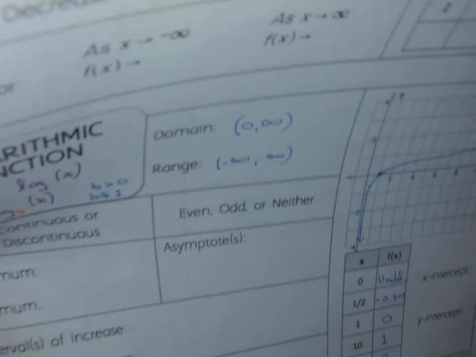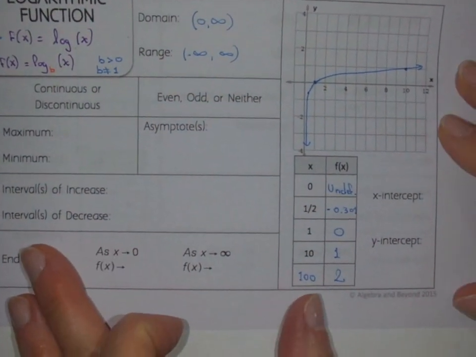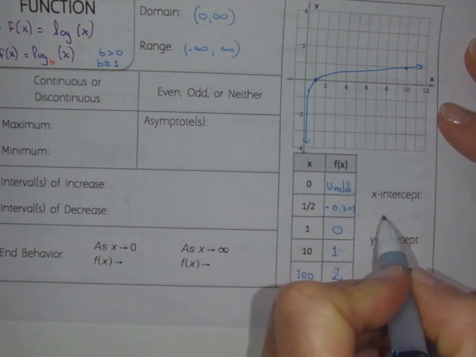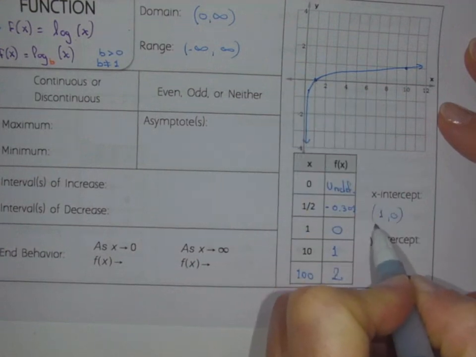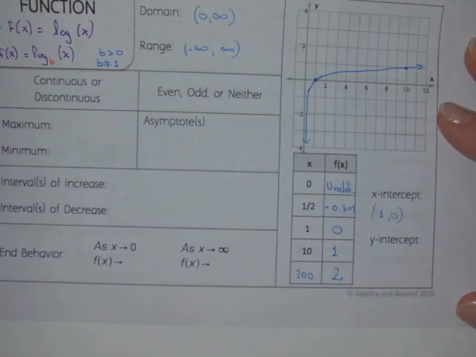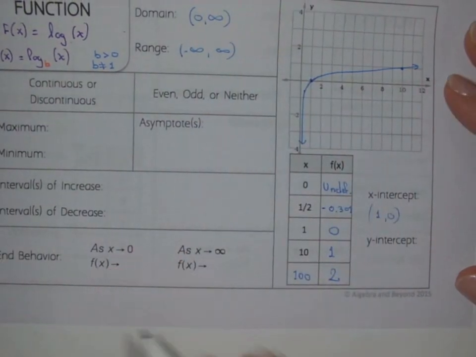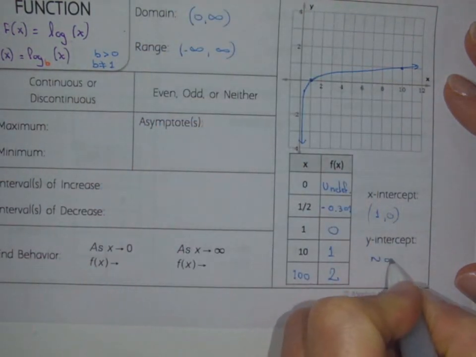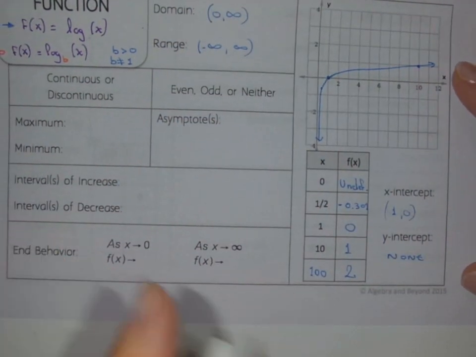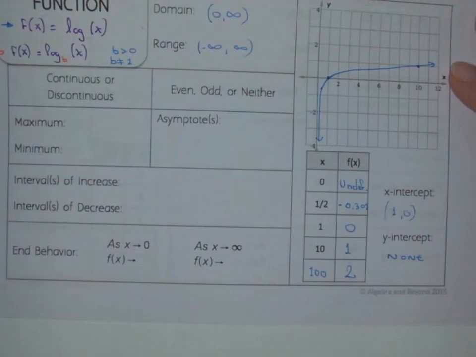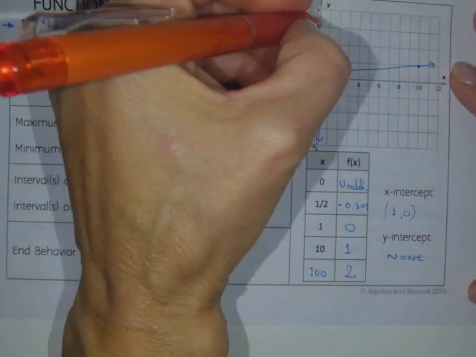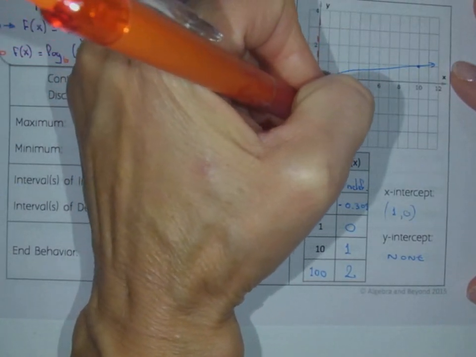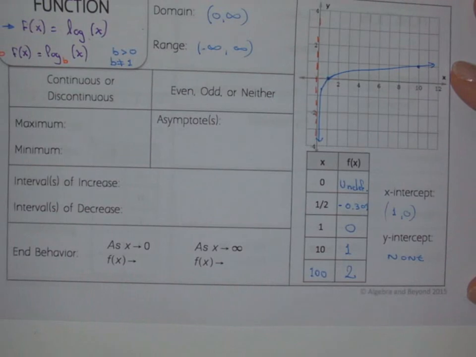All right. The x-intercept would be at 1, 0. The y-intercept, well, there is none, because I just said that we are never going to cross the y-axis. We have a vertical asymptote there. Remember, an asymptote is an invisible vertical or horizontal line that your graph is approaching but never really gets there.